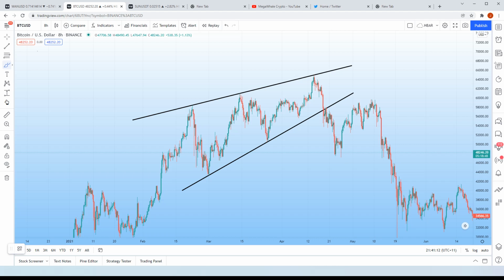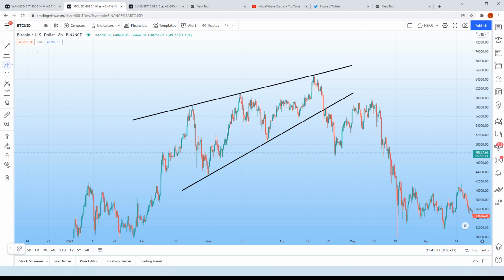For example, a 4-hour wedge is going to have a higher failure rate, meaning that it's got a lower chance of breaking to the downside, than a 3-week wedge, or a 4-week wedge, or a 2-month wedge. The greater the time, the more strength the market pattern holds.